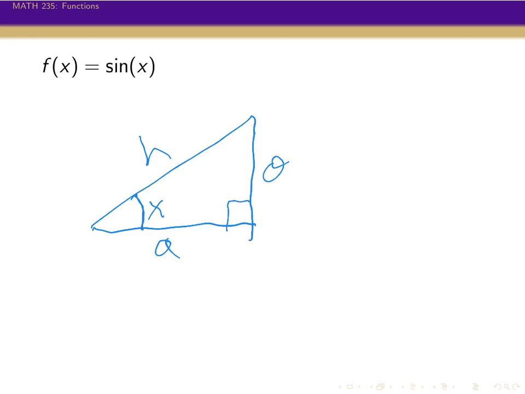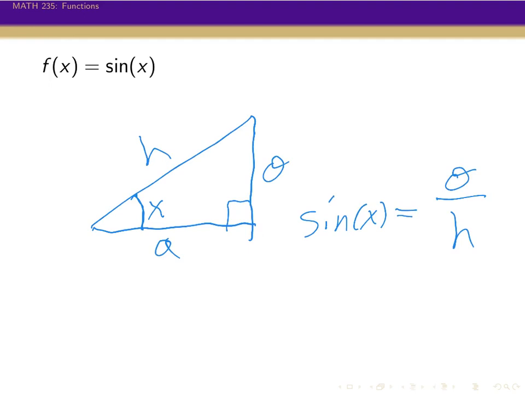And so what sine of x does is it says, okay, if you make this right triangle, where this angle right here in the bottom left is exactly x, sine of x is going to be the ratio of the opposite side over the hypotenuse.